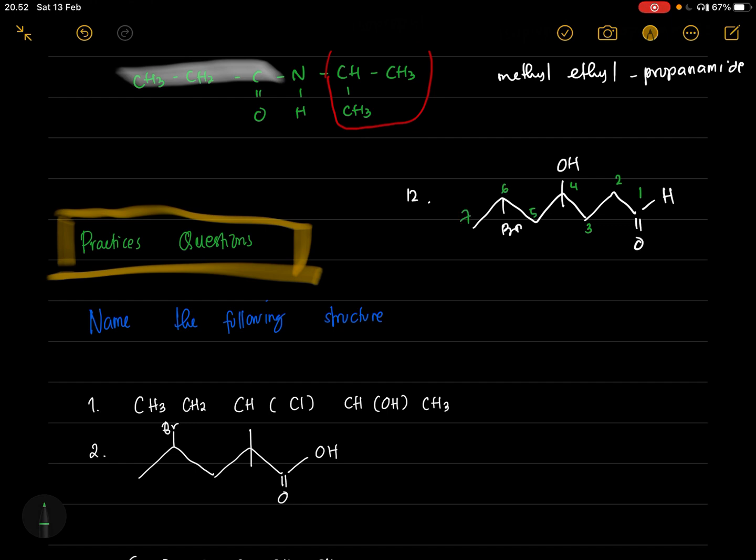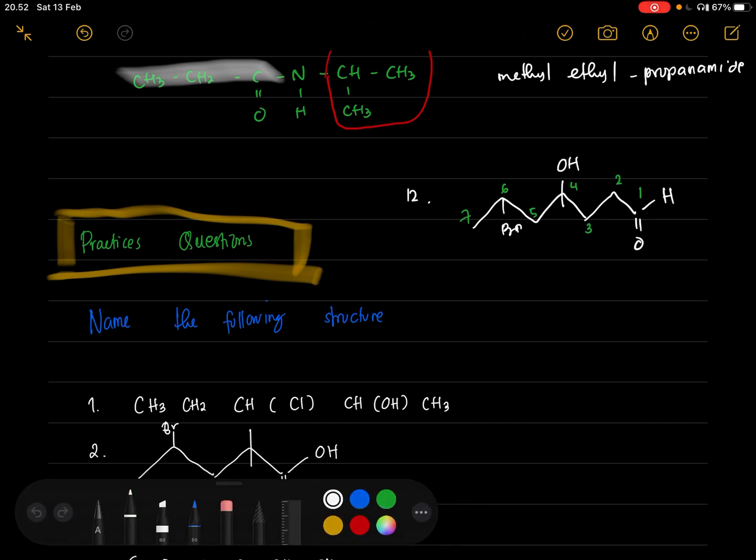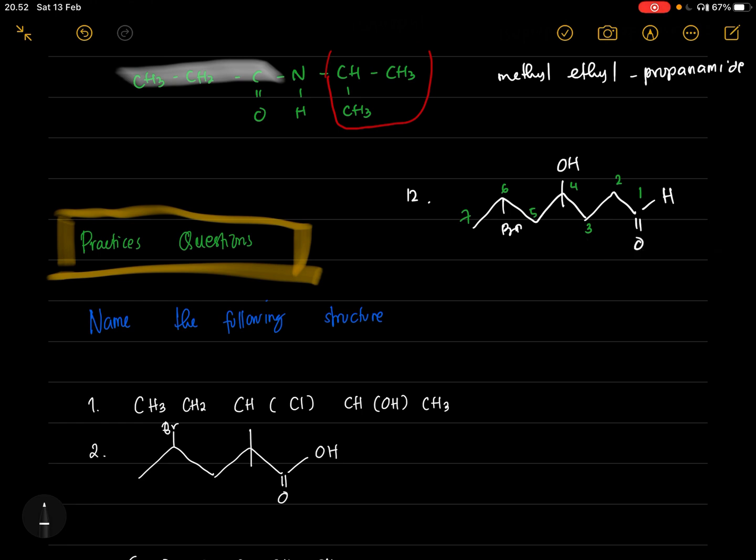We have the heptanol over here. And then the branches are positioned in number 4 and 6. We have two branches in number 4: the hydroxyl and the methyl group. And in number 6, we have the bromo. So this one is named 6-bromo, and then 4-hydroxyl, and then we also have 4-methyl.